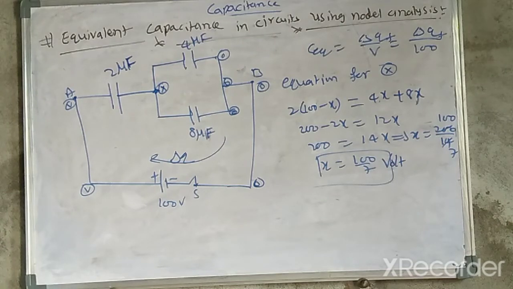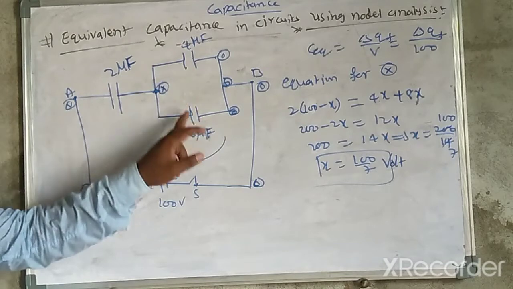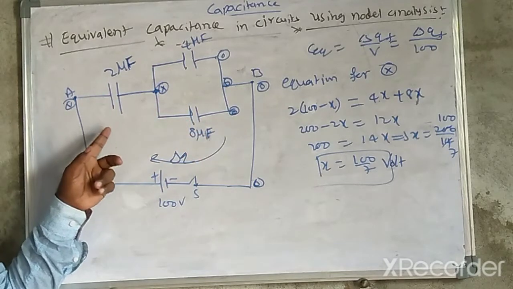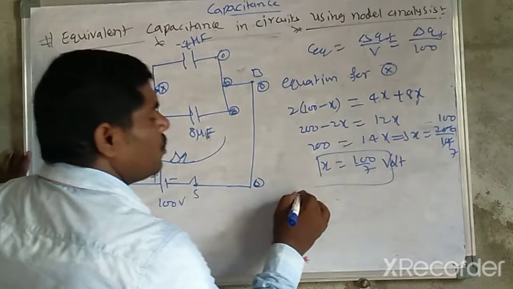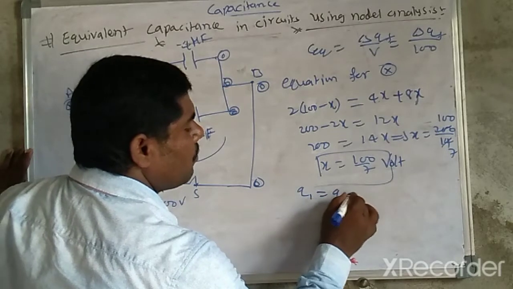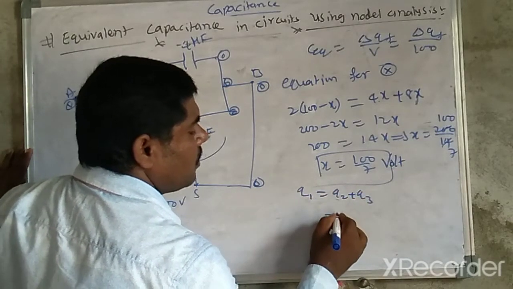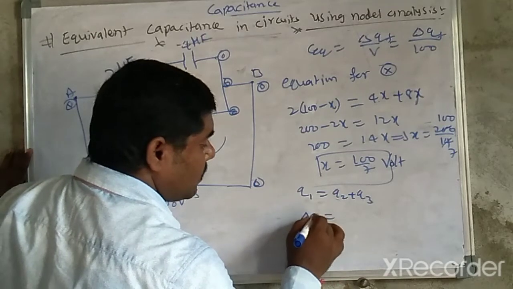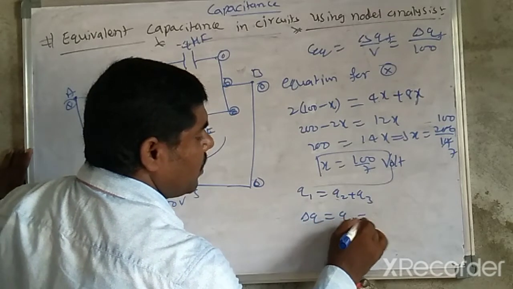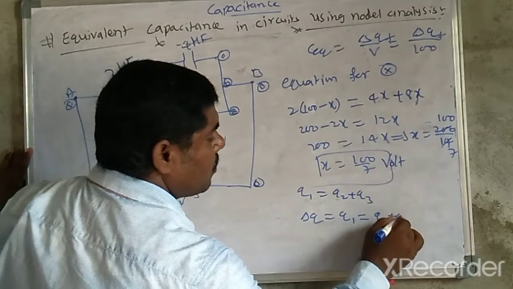So delta Q is nothing but the sum of these two, or this one also the same. So Q1 is equal to Q2 plus Q3.